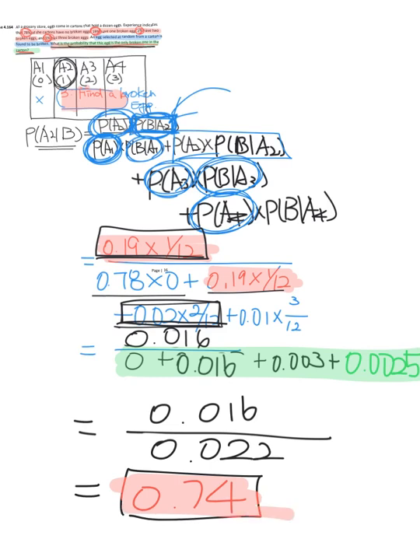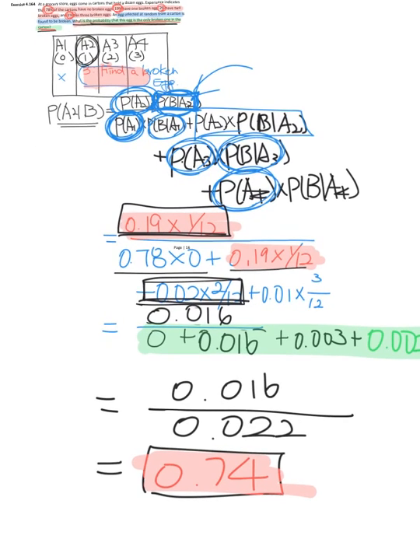What is 74%? Which will be C, A2 given B. When I selected a box randomly, and then I select an egg randomly, when it is broken, 74%, it is the only one.